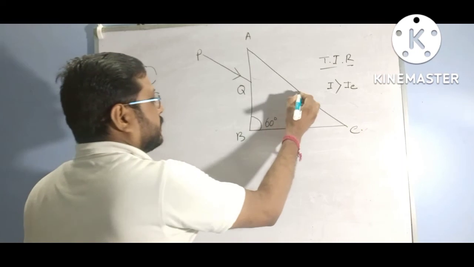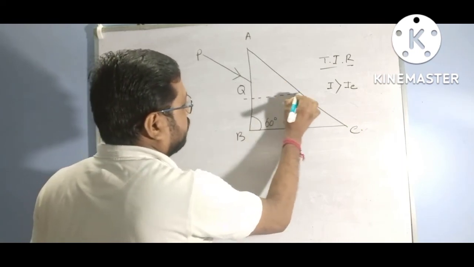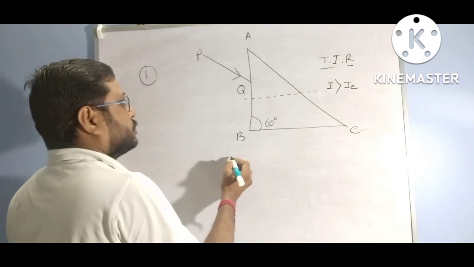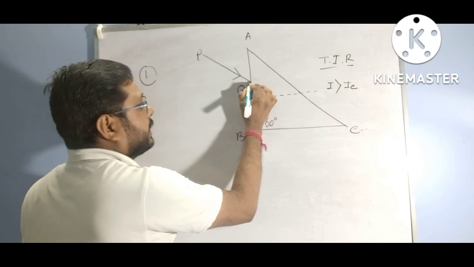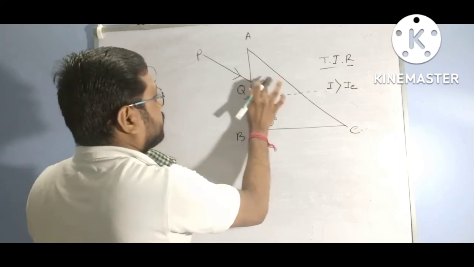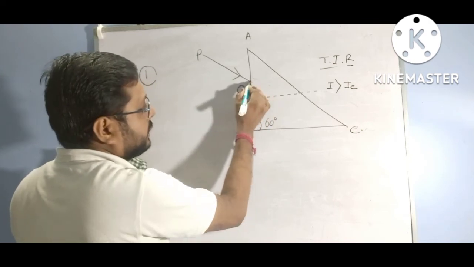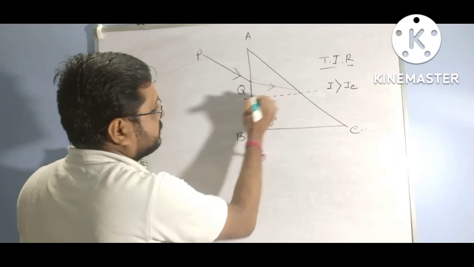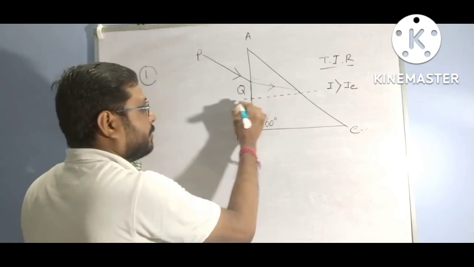If we draw a normal on the AC surface, the normal will go like this. As this is 60 degree, and the ray incident normally on this point goes undeviated along this path.